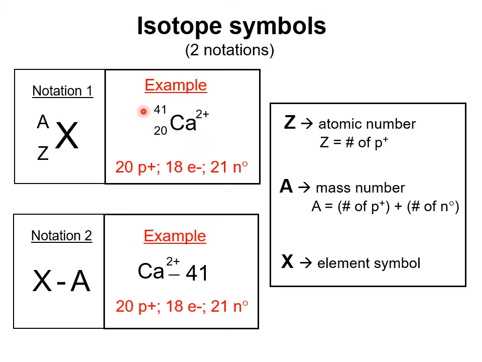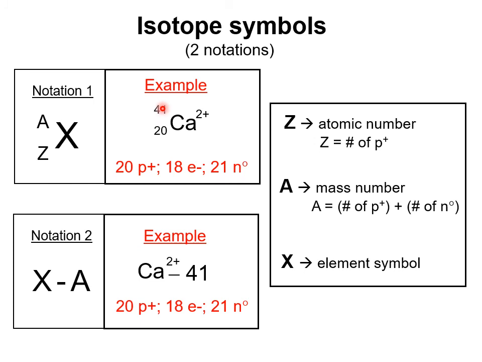It has a mass number of 41, which means that the protons plus the neutrons is 41. So if I subtract Z from A, 41 minus 20, that gives me 21, and that's the number of neutrons that it has.